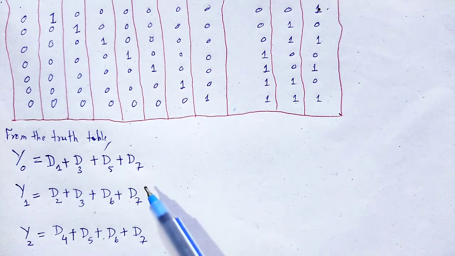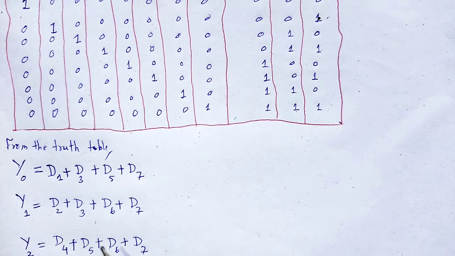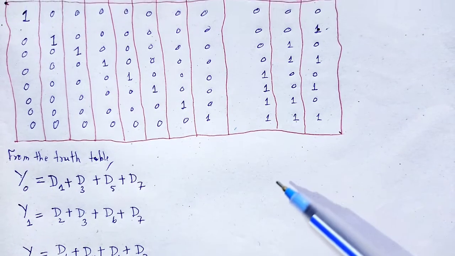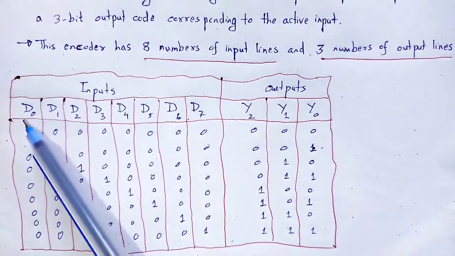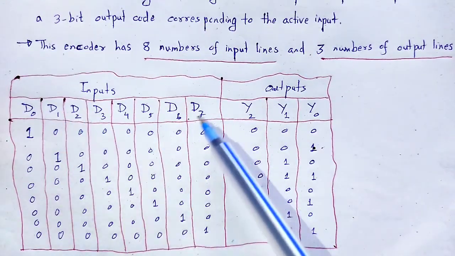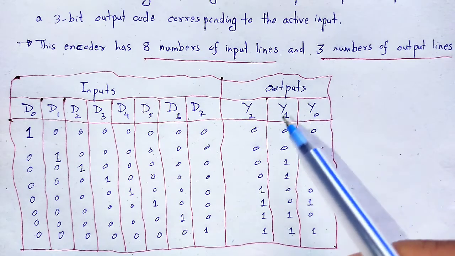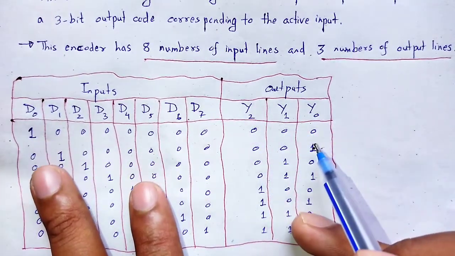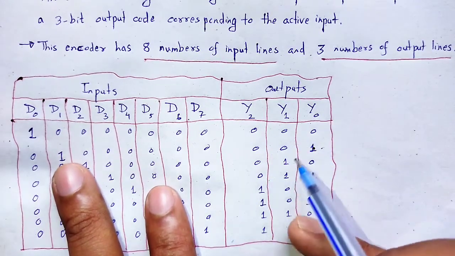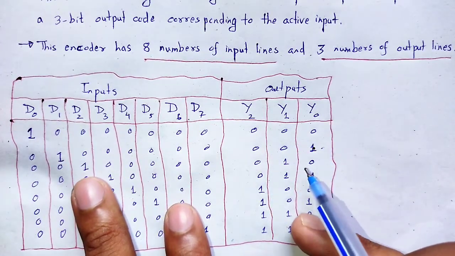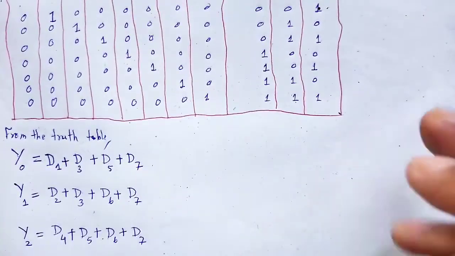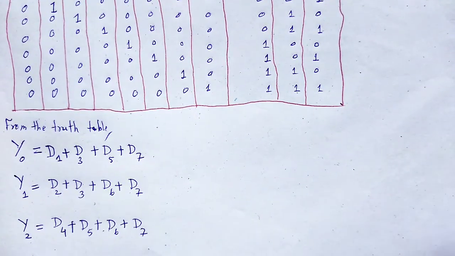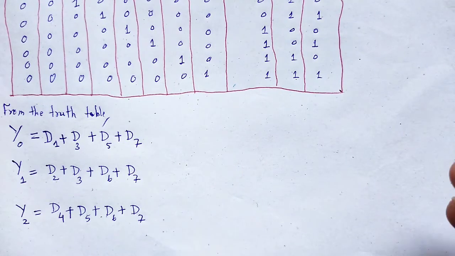In the logic circuit, by using these Boolean expressions, we can construct the logic circuit for the octal to binary encoder. Here the active lines D0, D1, D2 up to D7, and the binary code generated for D0 is 000, for D1 it is 001, for D2 it is 010, like this. Now we realize this by taking the logic circuit.